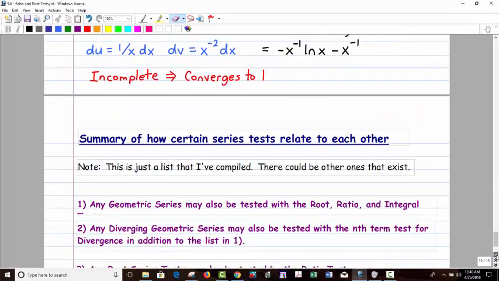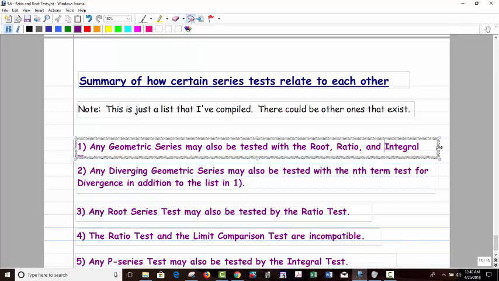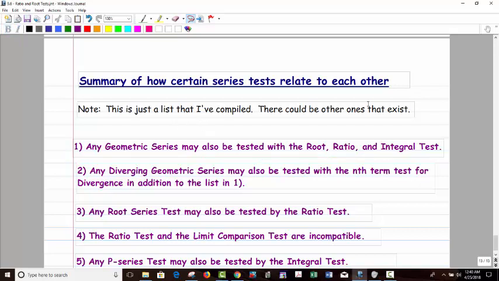Here's some things I added just to show you how they relate to each other. Any geometric can also be tested with root, ratio, or integral. Diverging geometric is also root, ratio, and integral, but if it's diverging geometric, you may also include the nth term test for divergence.